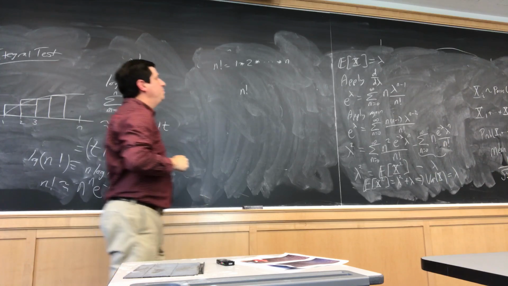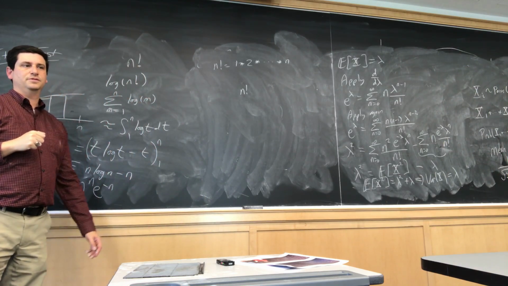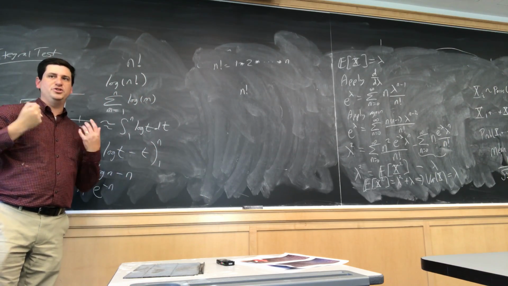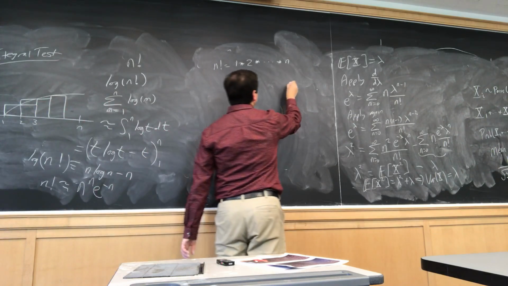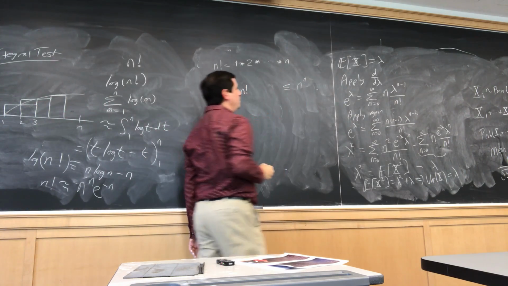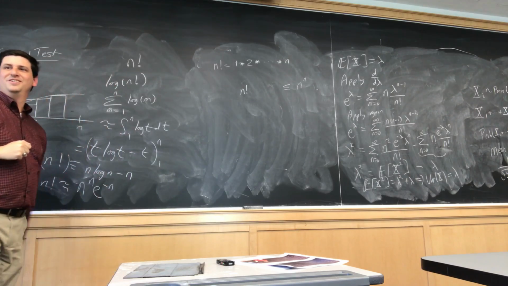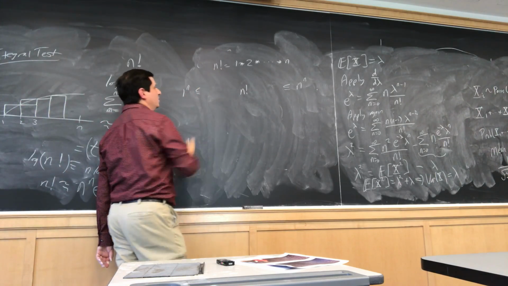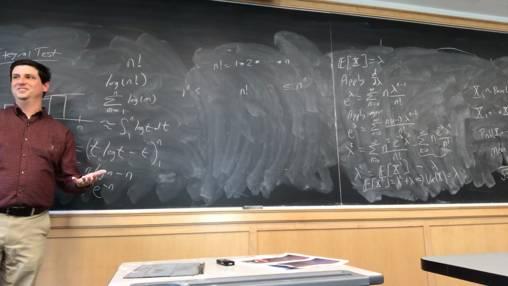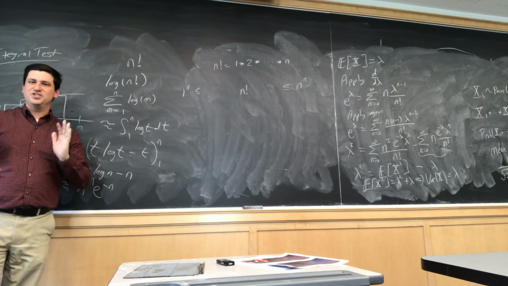Can somebody give me an upper bound for n factorial? Really easy upper bound that you know is true. N to the n, excellent. And the lower bound that you know is true. 1 to the n. Okay? These bounds suck. But that's how you start.